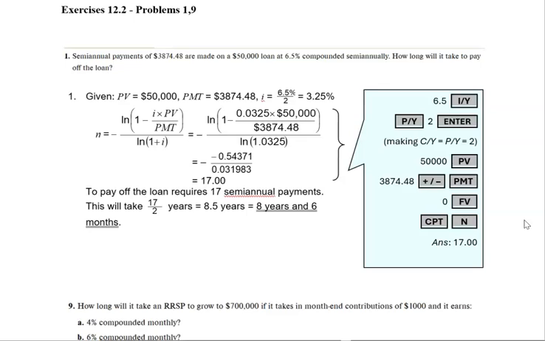We have 50,000 present value. Okay, so that's 50,000 coming into us because we borrowed it. So to make our payments, we know that it's $38.74 and 48 cents.